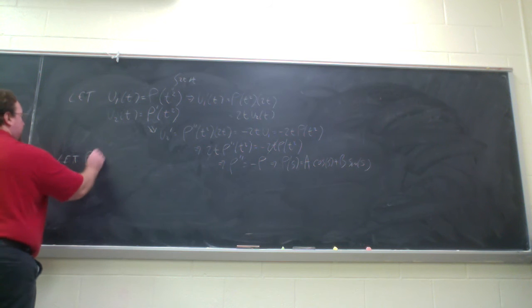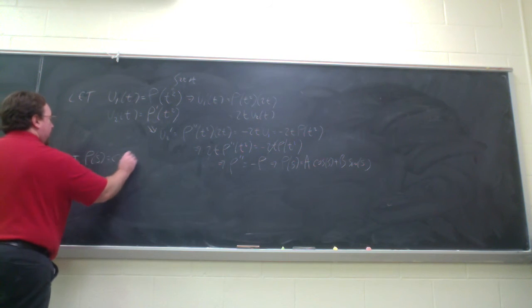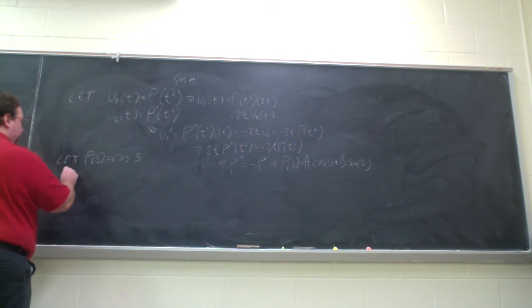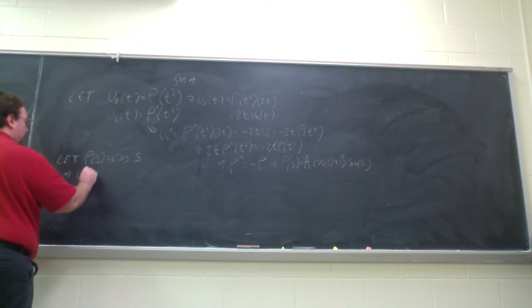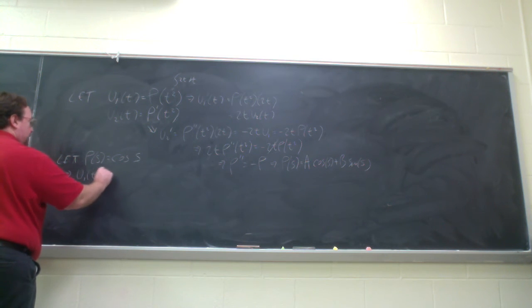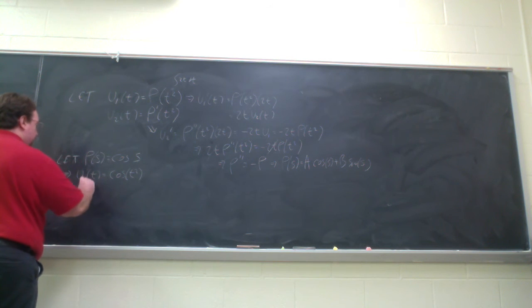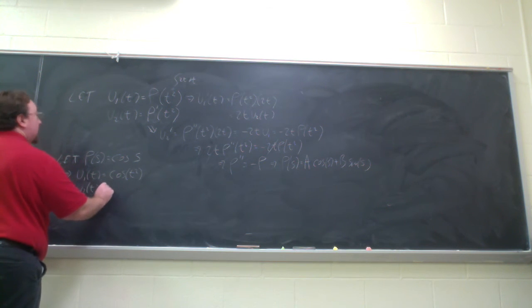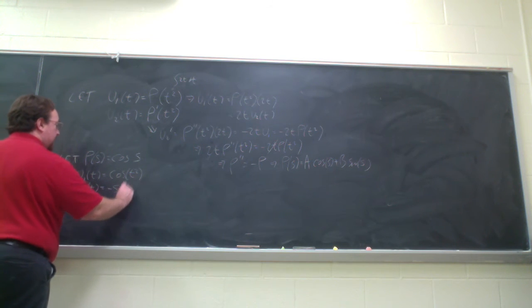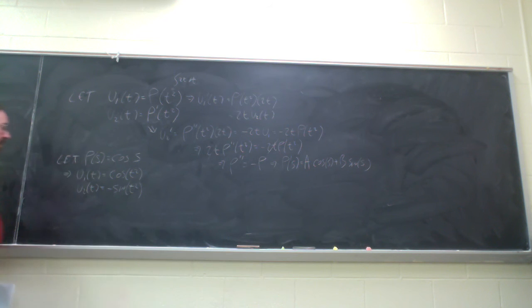So if I let p of s equal cosine s, that means u1 of t is cosine of t squared, and u2 is going to be p prime, so minus sine of t squared.